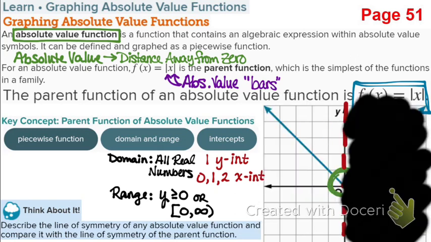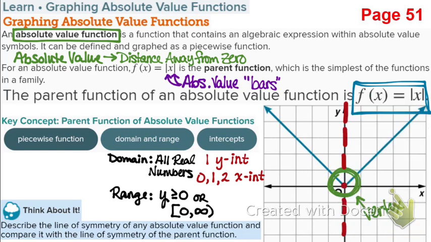But when I put them together, is that whole thing a linear function? No. It's two linear functions where one lives on one half of the graph and another linear function lives on the other half of the graph. So this is an example of a piecewise function where we've taken two different lines and stitched them together right here through the vertex.